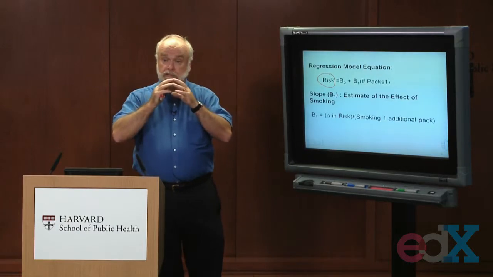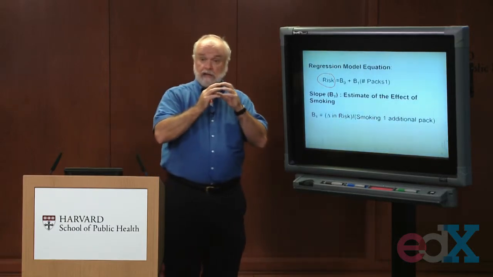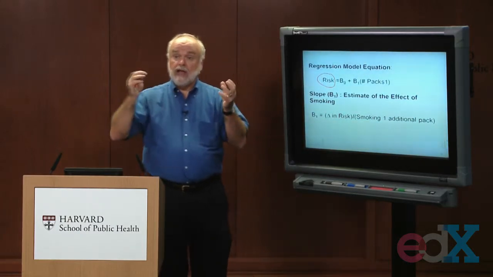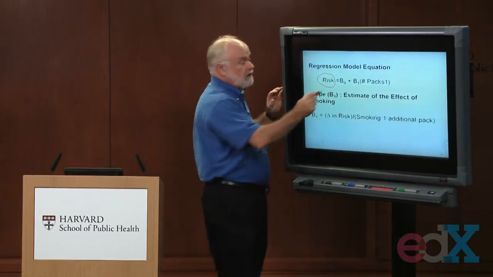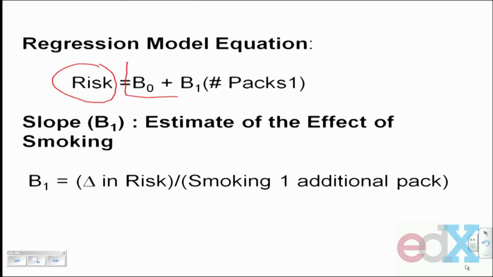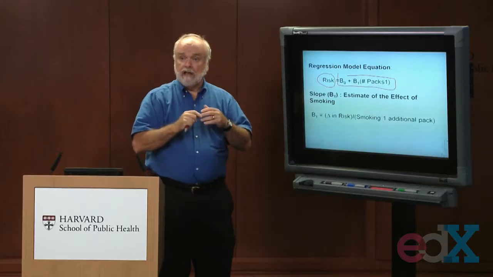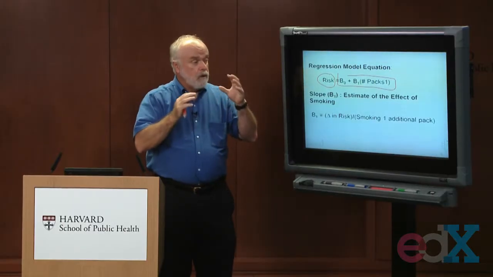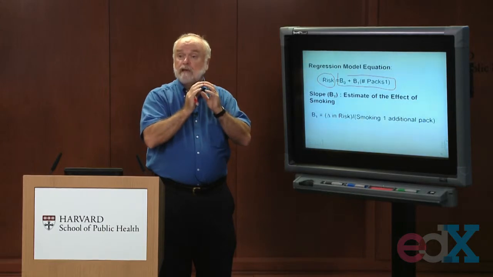So the regression equation to describe the relationship between the risk of dying and the amount of smoking says your risk is equal to B0, that's what little b represents in a straight line, plus B1 times x, where x now is the number of packs that you smoke at the first exam.